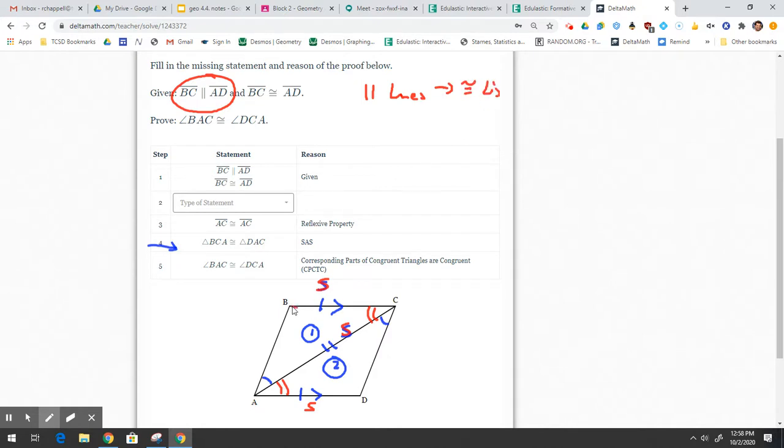Well, look here, let me trace this parallel line, and let's use AC as the transversal. And do you see the Z? Remember that in the Z, you create alternate interior angles, and those are congruent. So we can say that angle BCA is congruent to angle DAC because they are alternate interior angles.